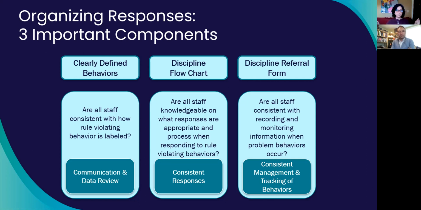A progressive discipline model is also recommended where repeated behavior is met with increasing consequences, or it might be routed to a more appropriate intervention within the school or even an outside agency. And lastly, it's really important to have an easy to complete office discipline referral form. Sometimes you'll hear us call it an ODR form. This continues that consistency in monitoring and recording information about problem behaviors. And it's essential for efficiently and effectively identifying patterns of misbehavior across your school or classrooms.